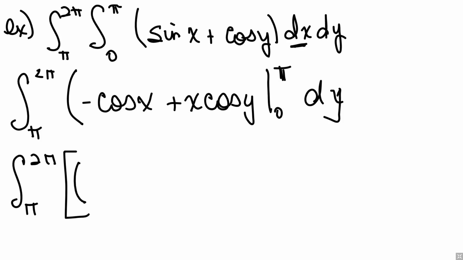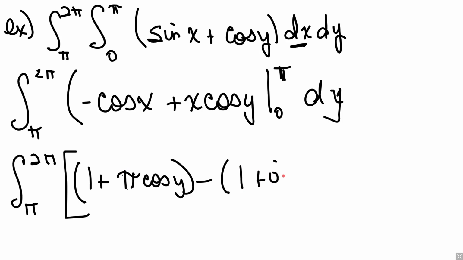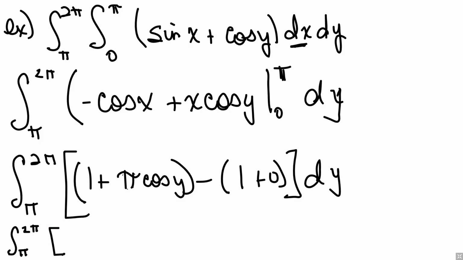So when you plugged in pi, what did you get? 1 plus pi cosine y. Okay, minus. And now when we plug in 0, what did you get? 1 plus 0. Okay. All right, so we're looking at the integral from pi to 2 pi of what?